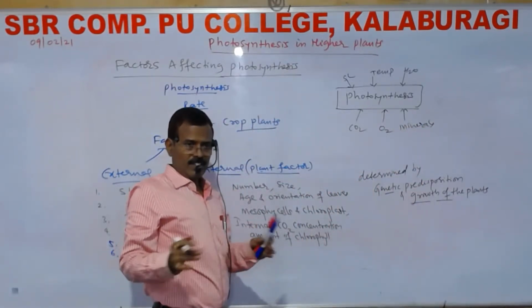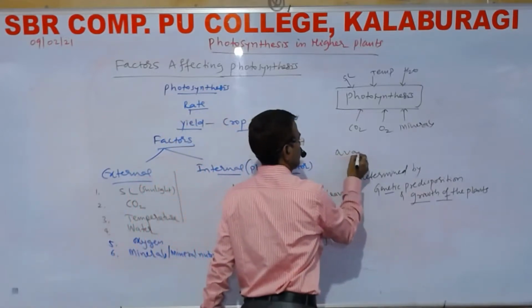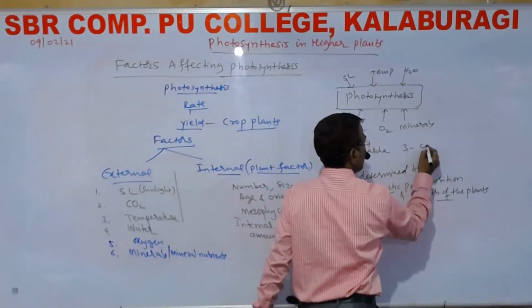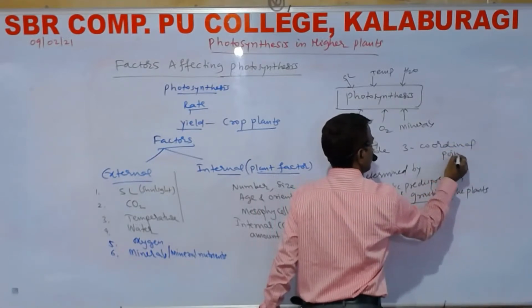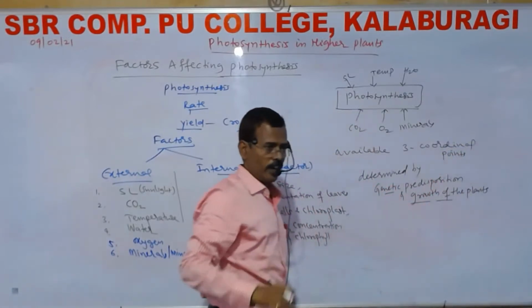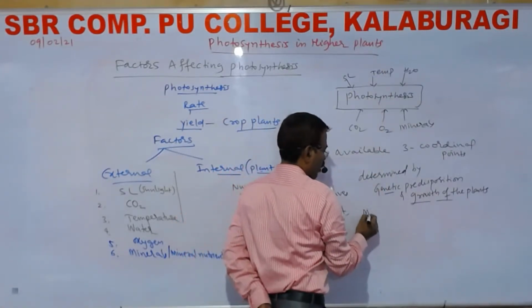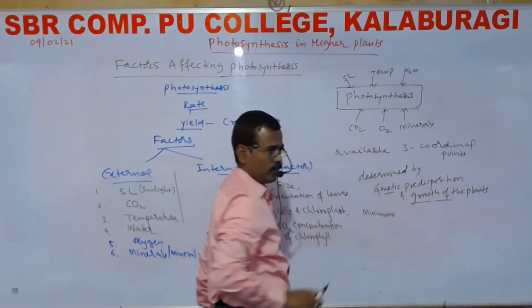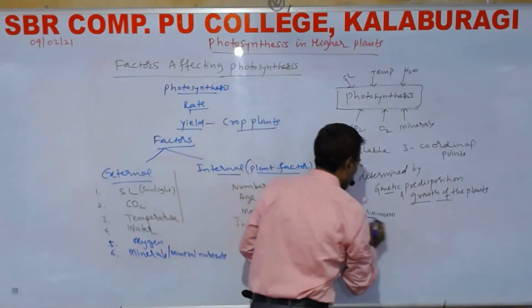Usually these external factors are available at three cardinal points. These external factors can be available in minimum amount to the plant.